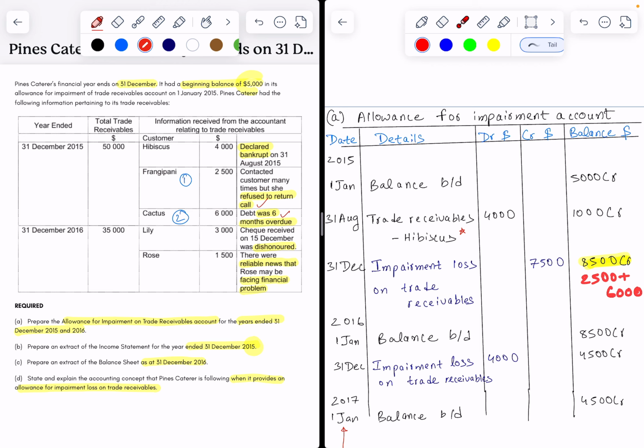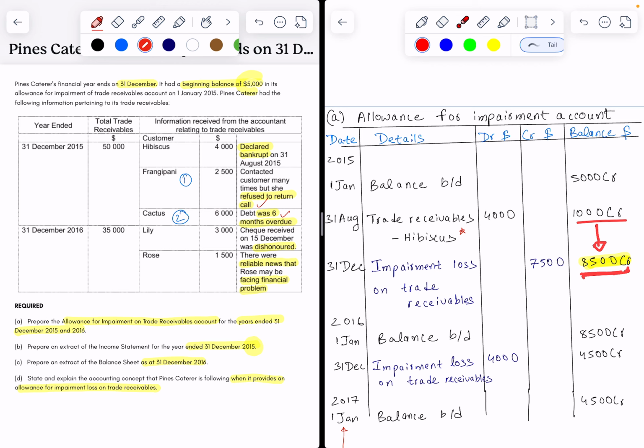So the allowance for impairment account at 31st of December 2015 should end with a balance of $8,500 credit. Now, we're going from a $1,000 credit net balance to a net balance of $8,500 credit at 31st of December 2015. So how can that possibly happen?